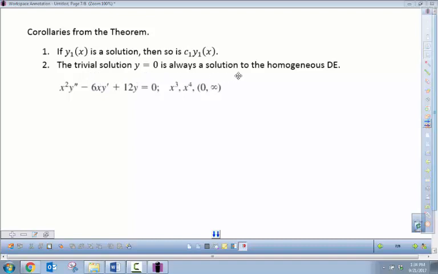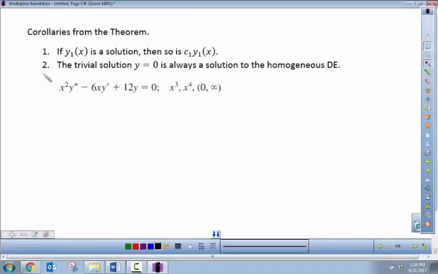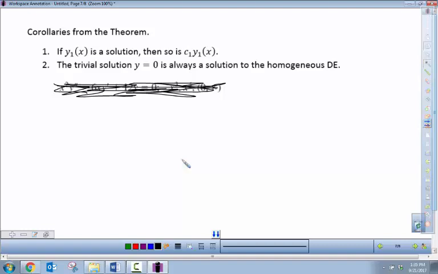The trivial solution is always a solution for homogeneous equations because it's set equal to 0. We don't need this. I don't know why this is there. I think this was just an example. You guys know what a corollary is?